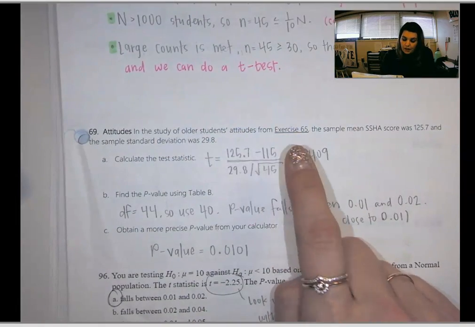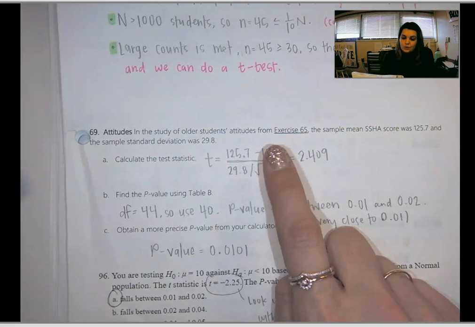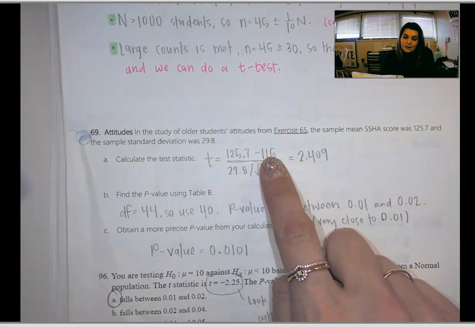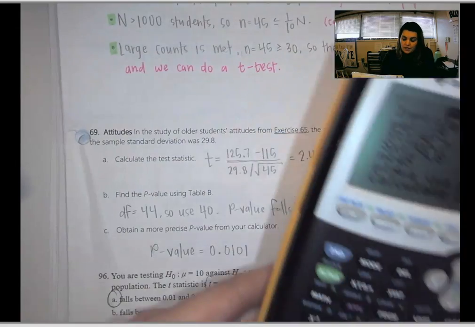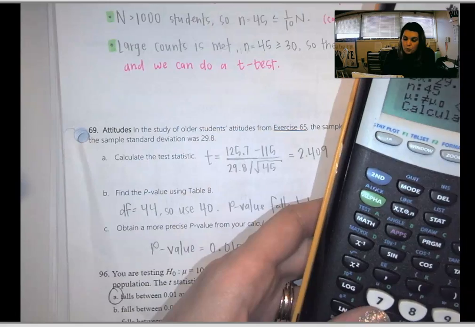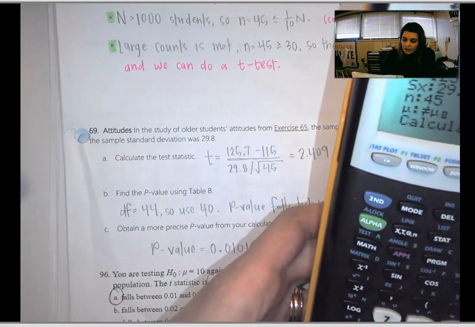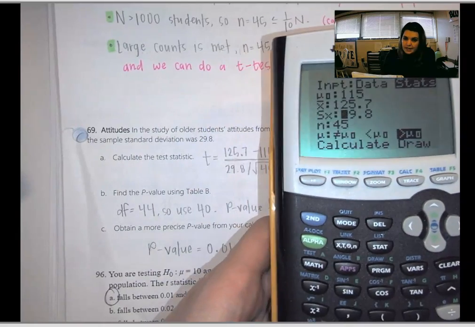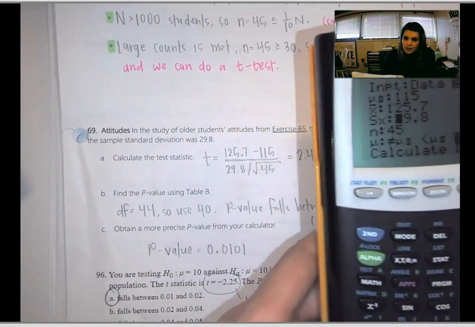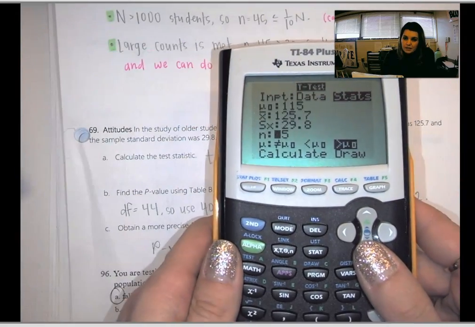And because we don't have our hypotheses down, I'm using this as my guide. So 115, my sample mean was 125.7, my standard deviation is 49.8, and my sample size is 45. So it looks like I already had that data in.